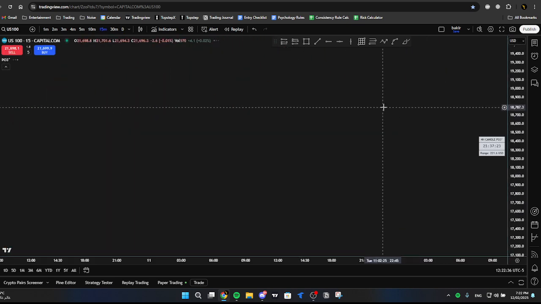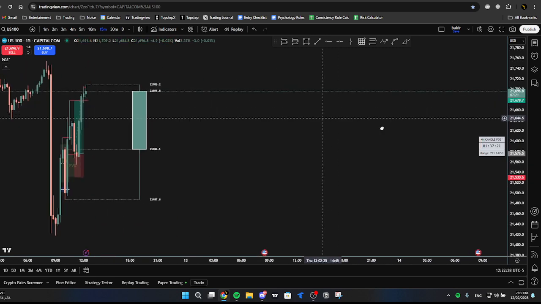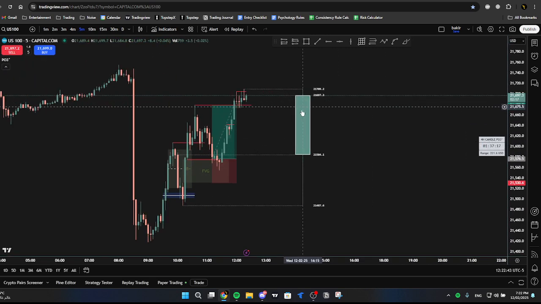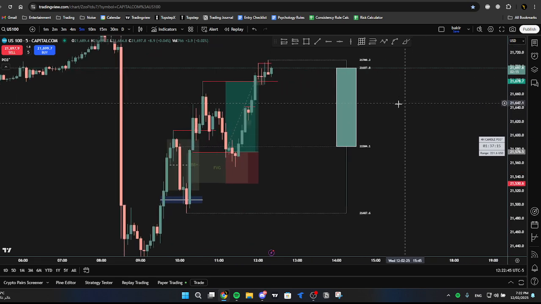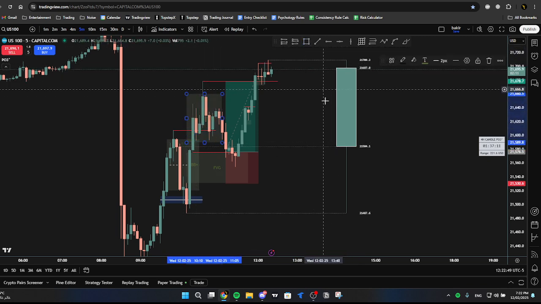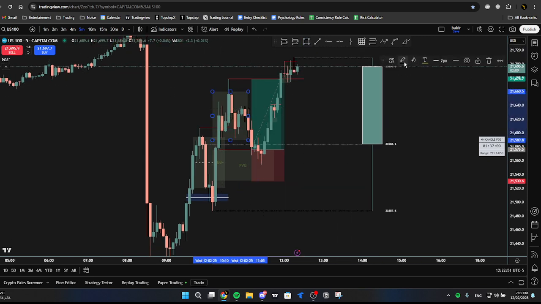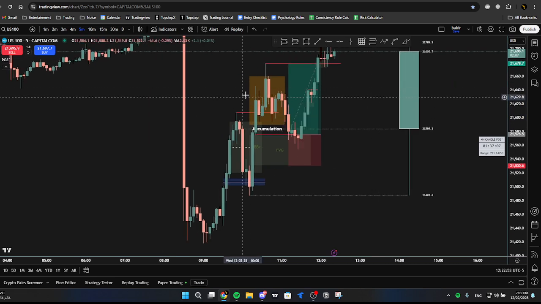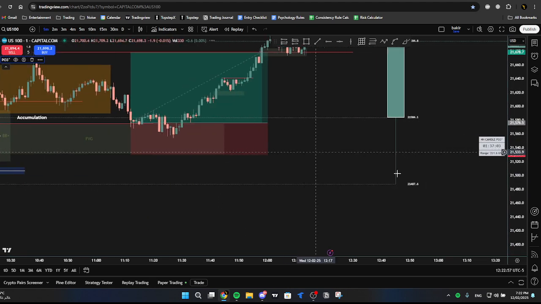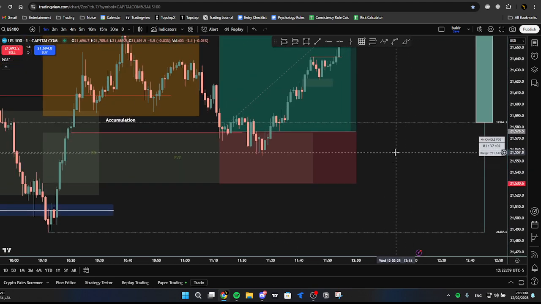So that's just how price moves, and this is what confirmed the bias for today. So this can also be an AMD. As you can see, we accumulated. We then manipulated into the 5-minute and the breaker, and I'm sure we can have an inverse fair value gap here somewhere.